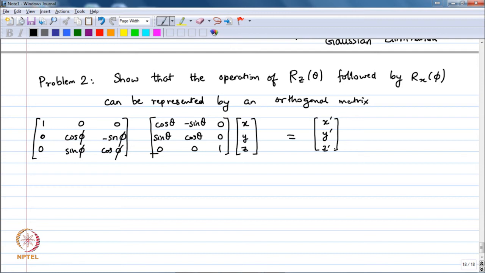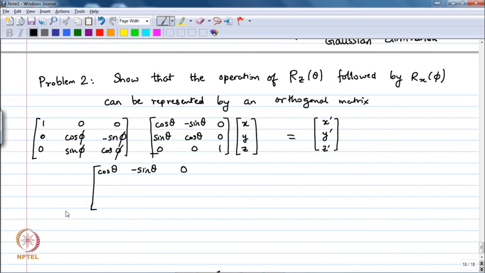Now I can do the two matrix multiplications first and then multiply by the vector. Suppose I multiply these two matrices, what will I get? 1 into cos theta, so I will get a matrix with minus sin theta, 0.